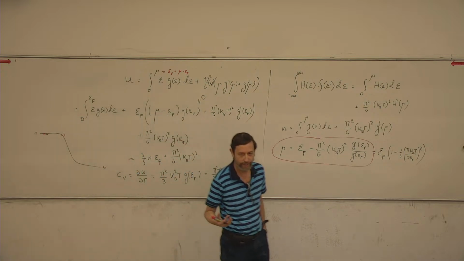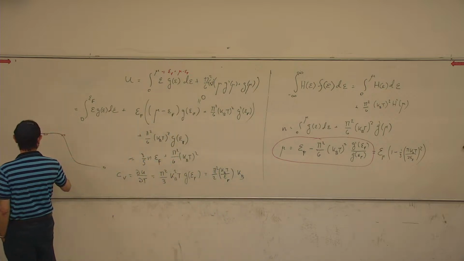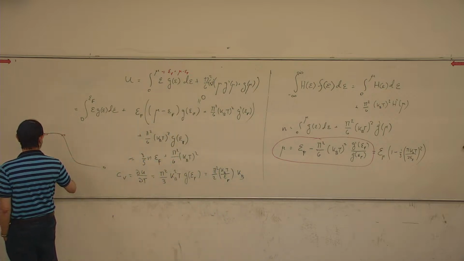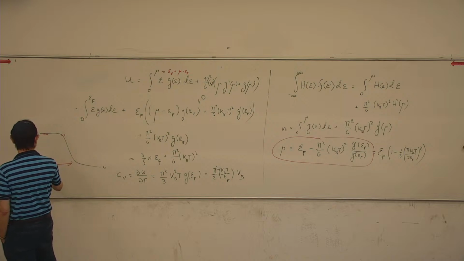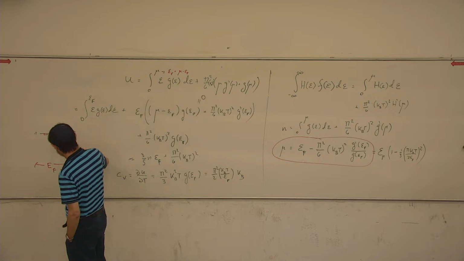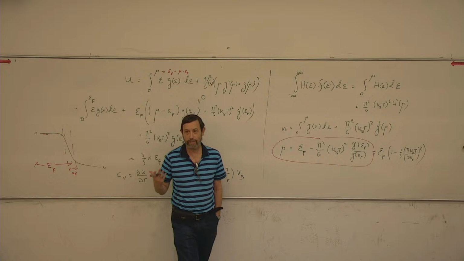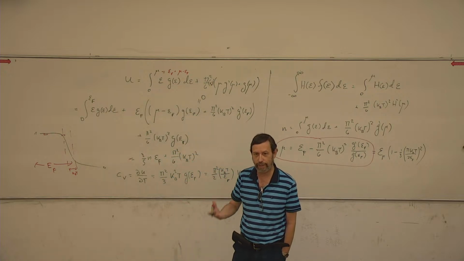That's fine. So instead of looking at all the states occupied of order E Fermi, we can look only at a small window of order kBT, because these are the only guys in the game.